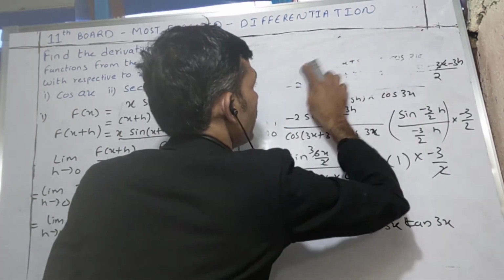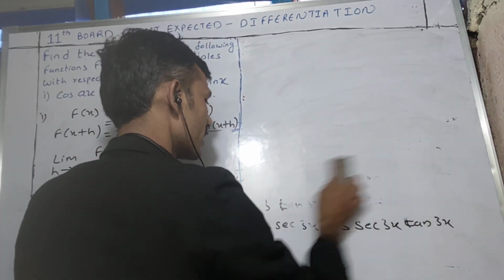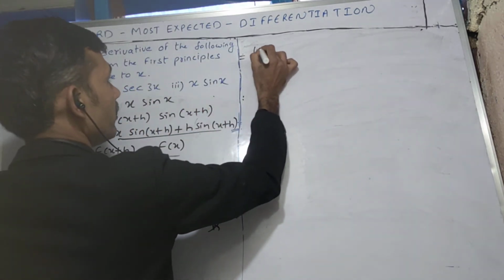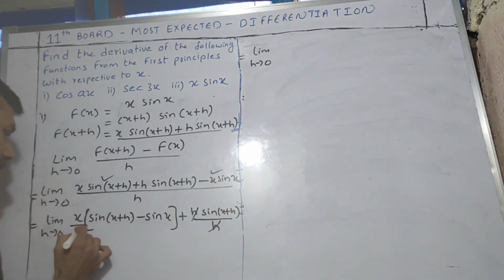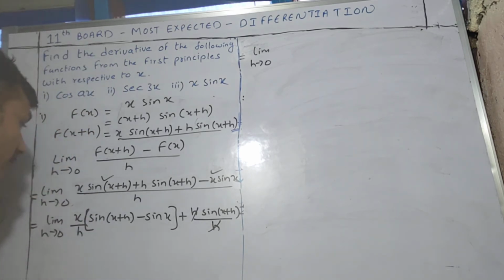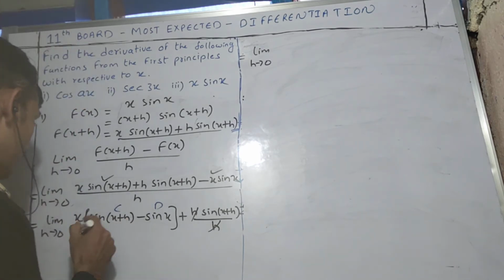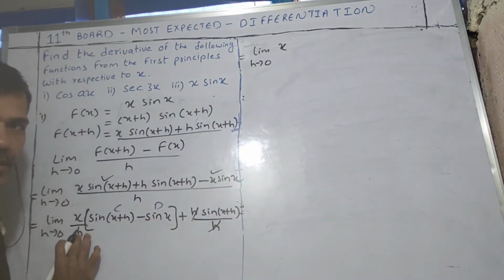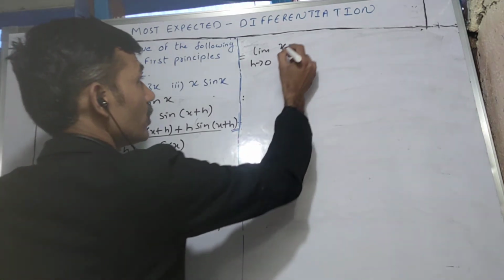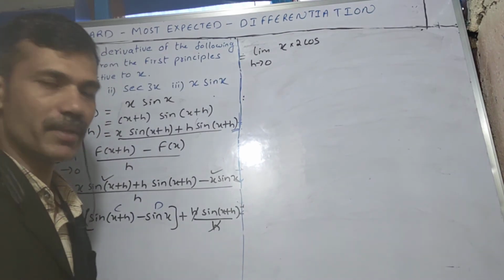So we'll apply the limit for the two functions. Now it became f of x plus g of x like that. Here we'll apply the limit. Limit h tends to 0. Here see, we can apply the trigonometric formulas also. Here sin c minus sin d, you can apply the formula. If you apply the formula, h I will not write now, only afterwards I will write. Sin c minus sin d formula is 2 times cos c plus d by 2 sin c minus d by 2.